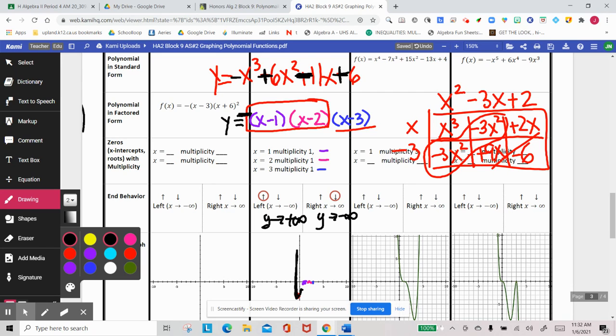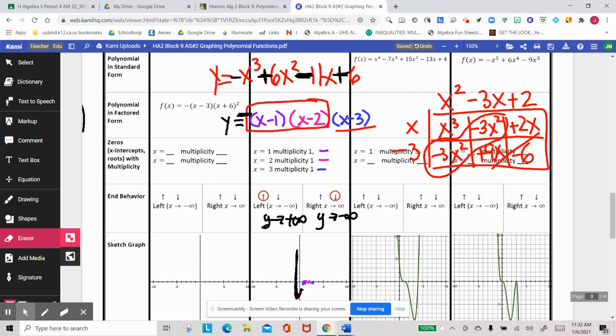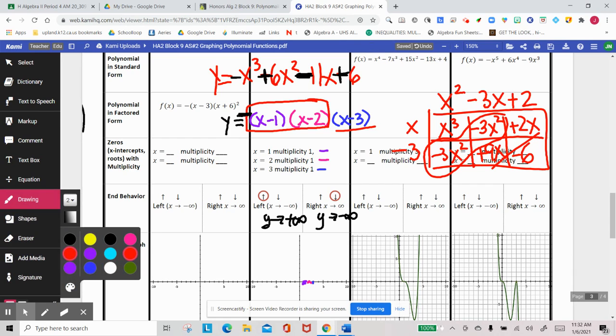So it would be y equals negative x cubed plus 6x squared minus 11x plus 6. And now it will work because our y-intercept is going to be positive instead of negative. And so left arm would be up, right arm would be down.